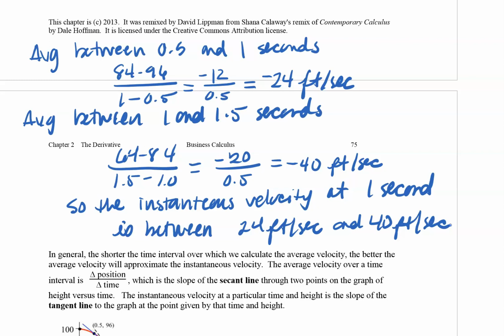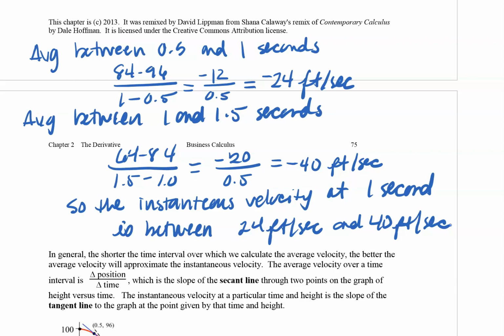So some facts I want to throw out before we move on to another definition. In general, the shorter the time interval over which we calculate the average velocity, the better the average velocity will approximate the instantaneous velocity.